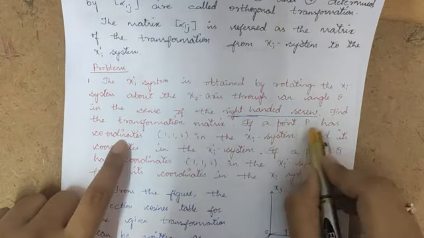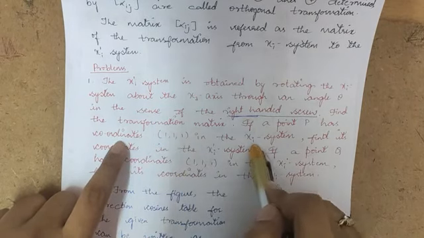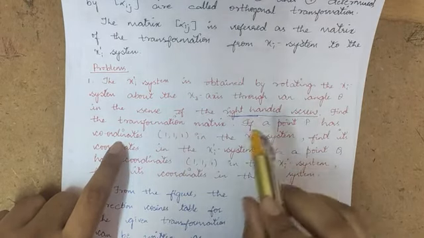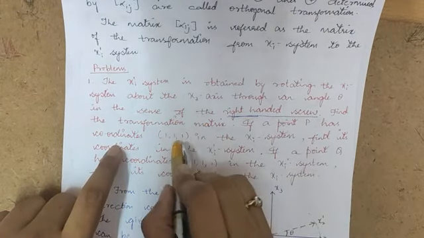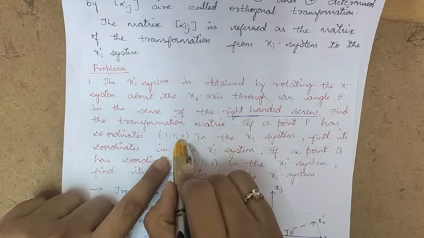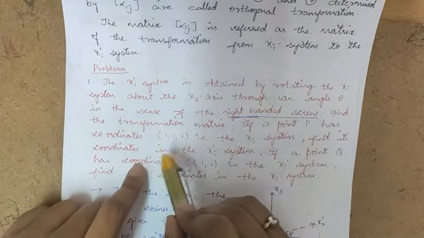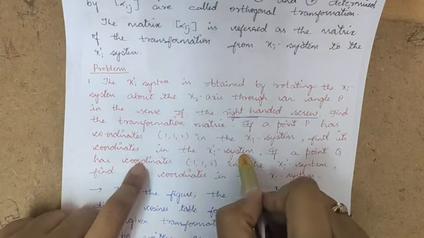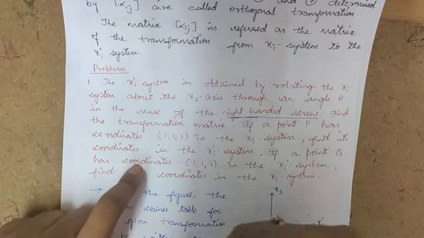That is the one point we are supposed to find out. And if a point P has coordinates 1 1 1 in the xi system, that is in our old system, that is x1 is 1, x2 is 1 and x3 is 1, find its coordinates in the xi prime system. That means we have to find out the coordinates in the new xi prime system.